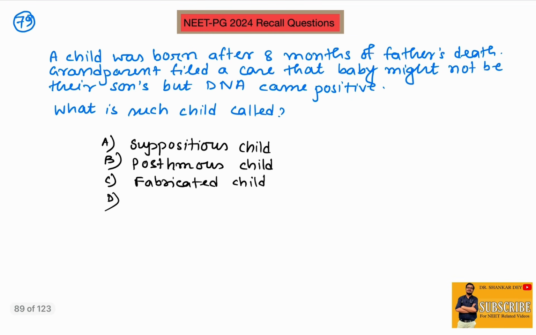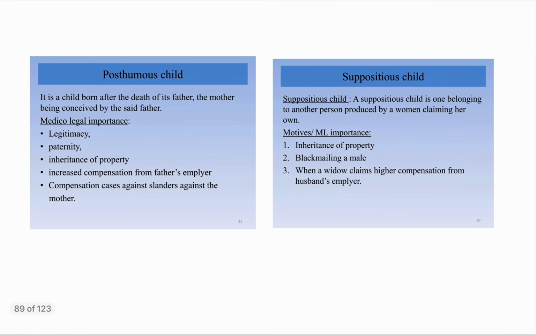Okay, 79, a child was born after 8 months of father's death, and the grandparents filed a case that the baby might not be their son's actually, but the DNA came positive. So definitely this boy is theirs, as the DNA is matching. So what is the definition of this child? Let's look at the definition.